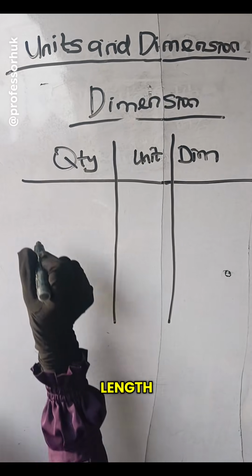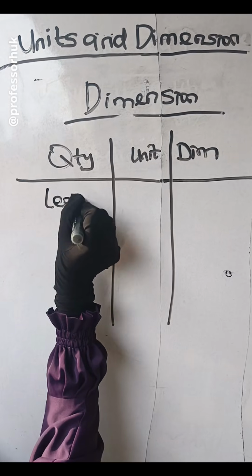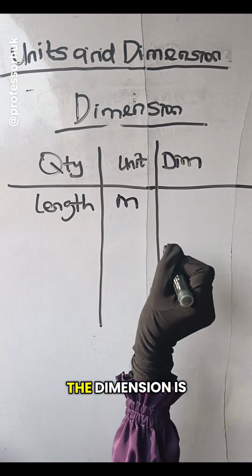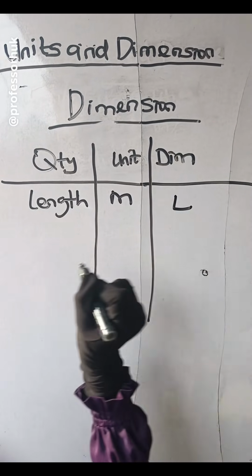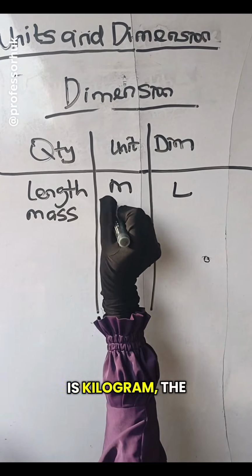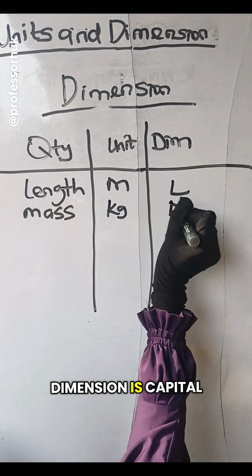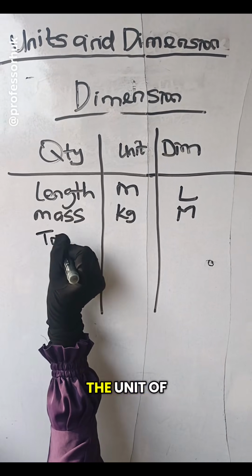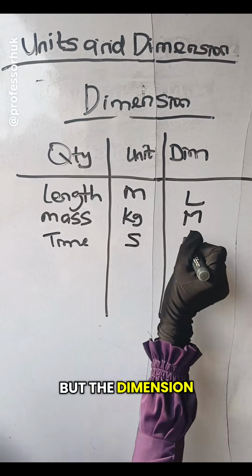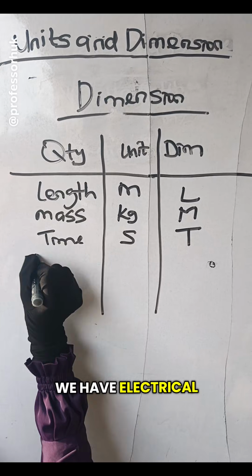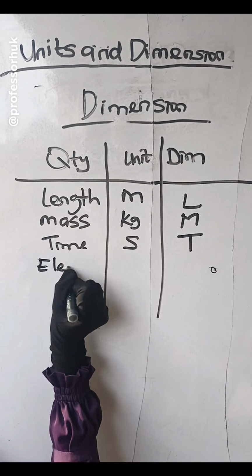So for length, the unit of length is meter and the dimension is L. We have mass. The unit of mass is kilogram. The dimension is capital M. We have time. The unit of time is seconds, but the dimension is capital T. We have electric current.